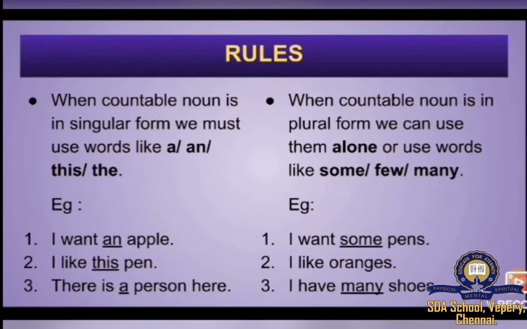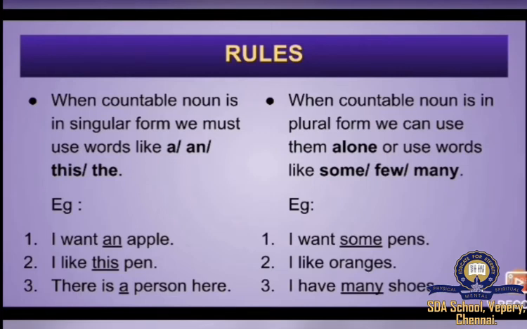So rule number 1, when we use them in singular form, we are in need of an indefinite article. Rule number 2, when they are in plural form, they can stand alone by having a cardinal number or just alone, or we can use words like some, few or many. So these are the 2 rules.